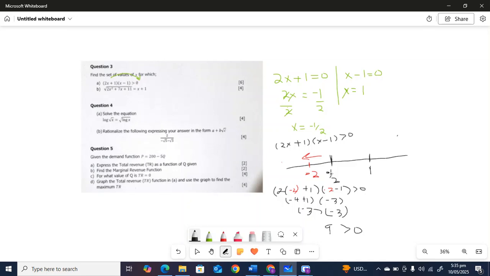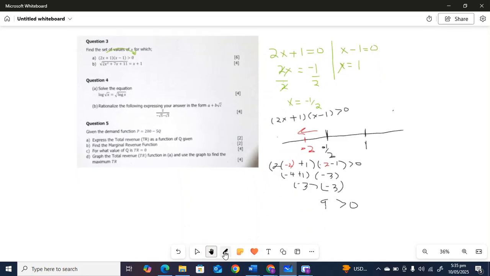So you can also try negative half, put it into this equation here: 2 times negative half plus 1, then here we have negative half minus 1.